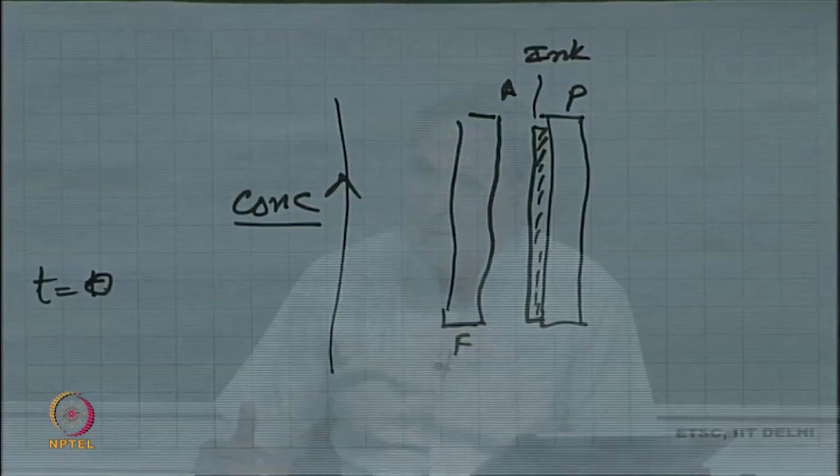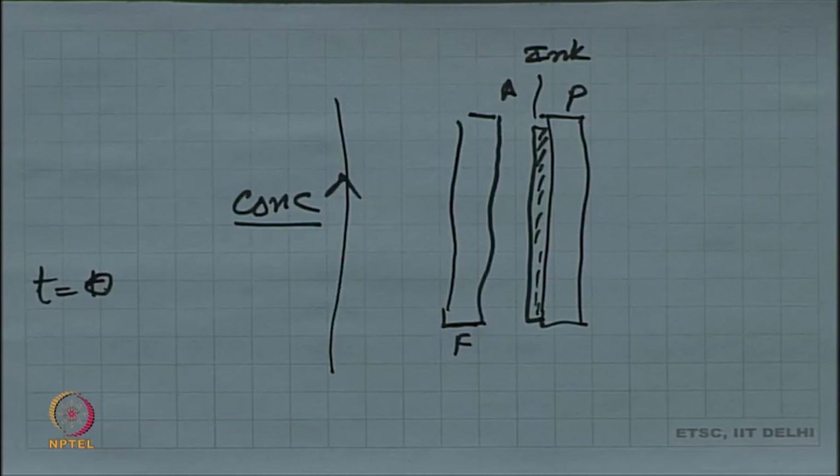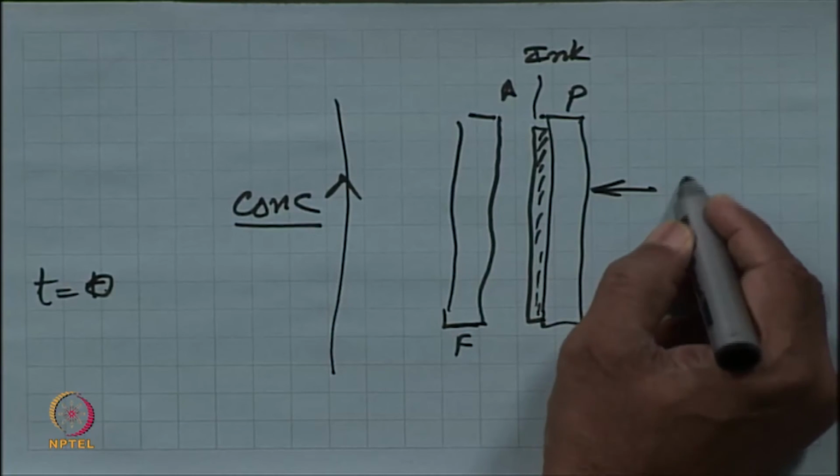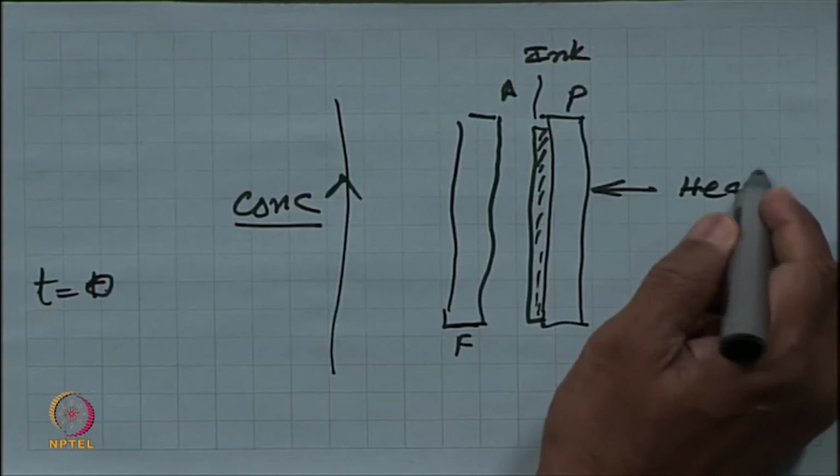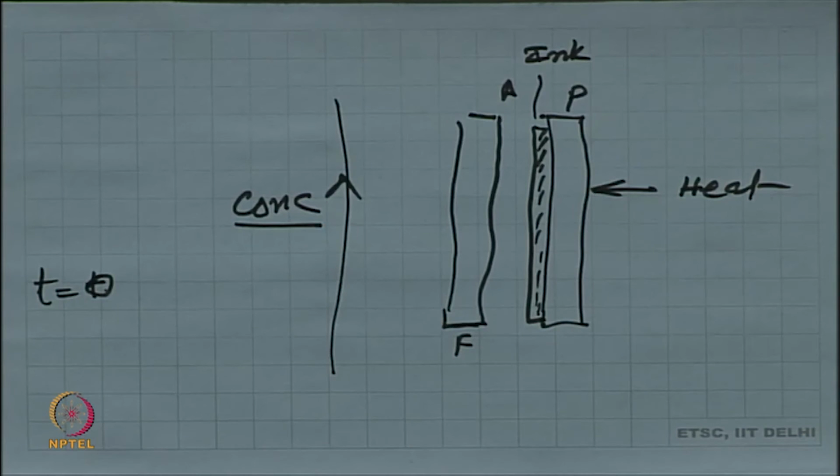What will happen is, with time, when you apply heat, some vapor formation will be there, and once the vapor formation takes place, then the concentration of the ink in the ink layer will go down, okay, and in the others it will start increasing.